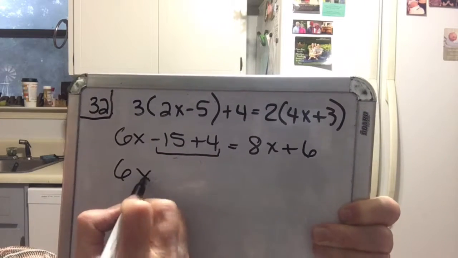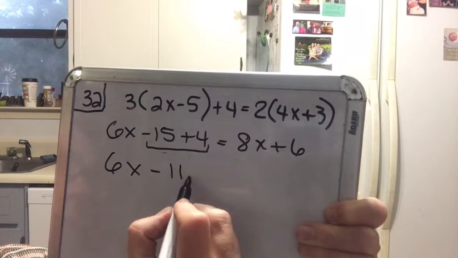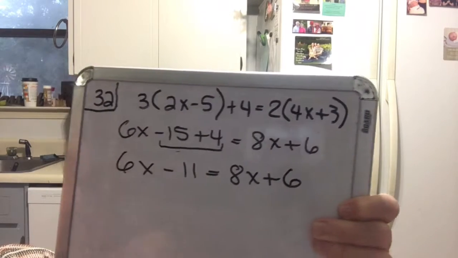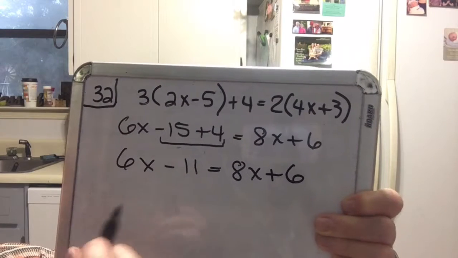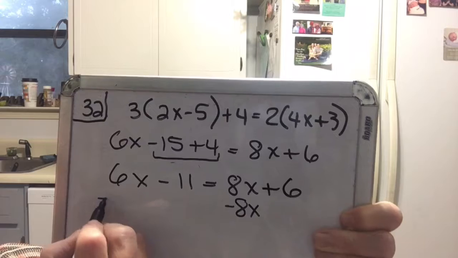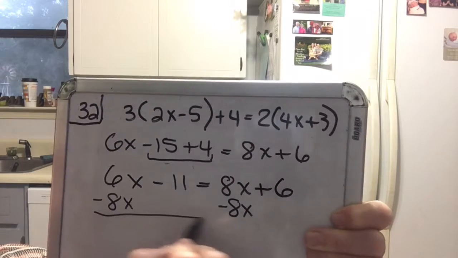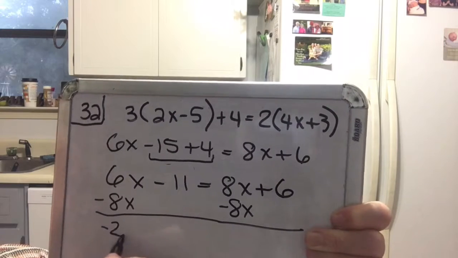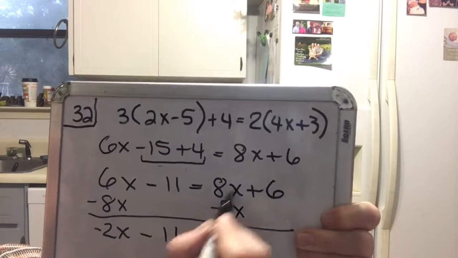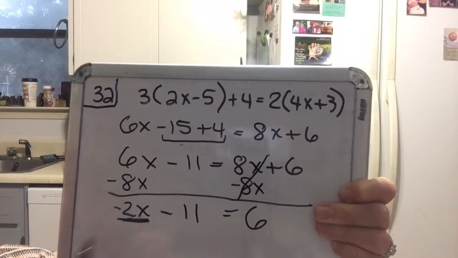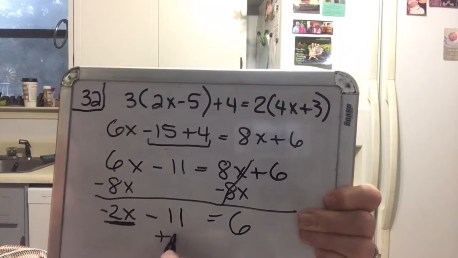So I get 6x minus 11 equals 8x plus 6. Now I'm going to get all my x's together, so subtract 8x on both sides. Always gather your variables. So negative 2x minus 11 equals 6. Now I'm trying to isolate this term, get it by itself. So add 11.